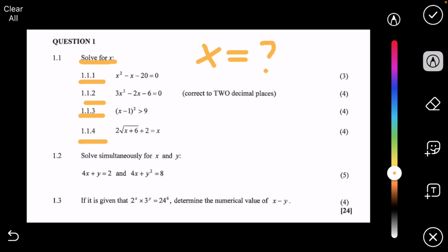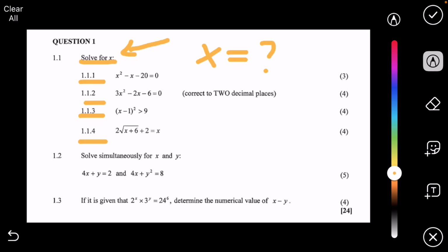Very much important. Why? Because the question says solve for x. In this case, the examiner wants nothing else but solve for x.